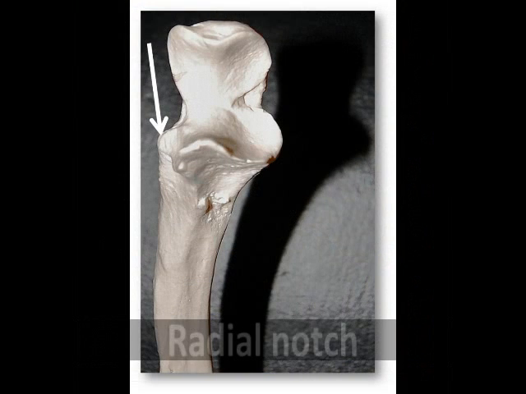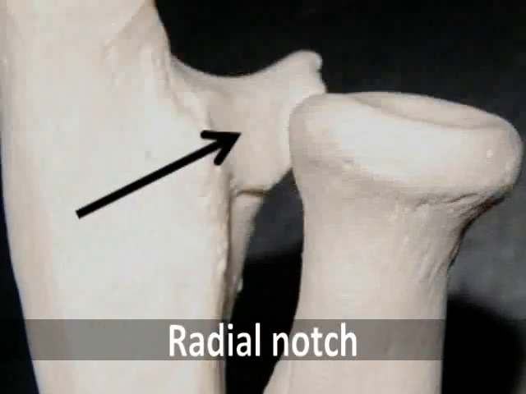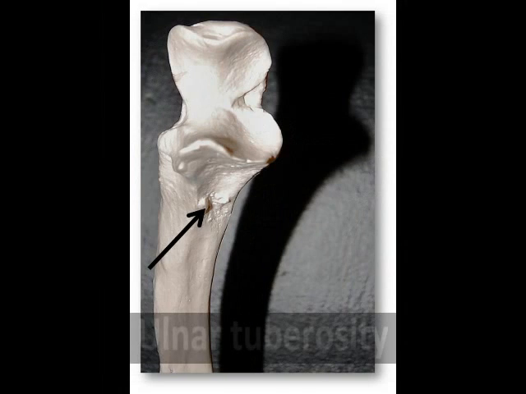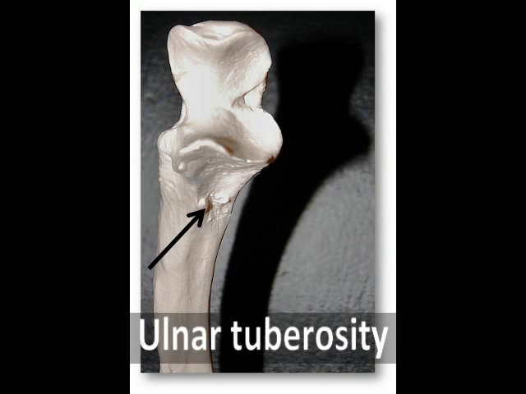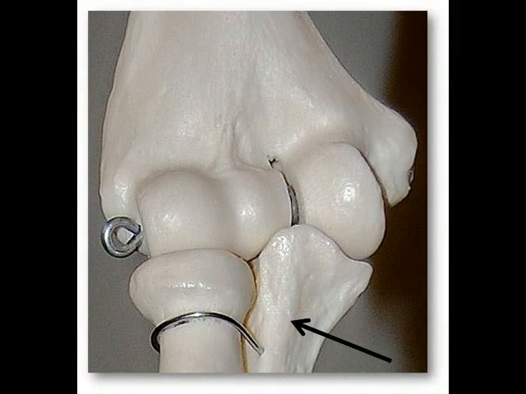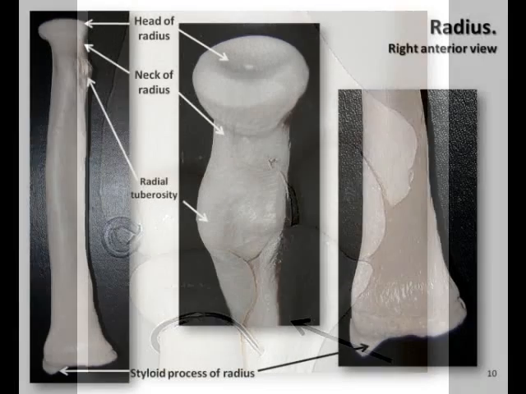Located just lateral and below the trochlear notch is the radial notch, which articulates with the head of the radius. There is a rough, bumpy area called the ulnar tuberosity located inferior to the coronoid process. It serves as an attachment point for the tendons of the biceps brachii muscle.